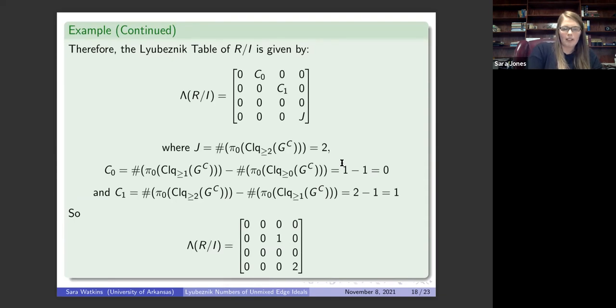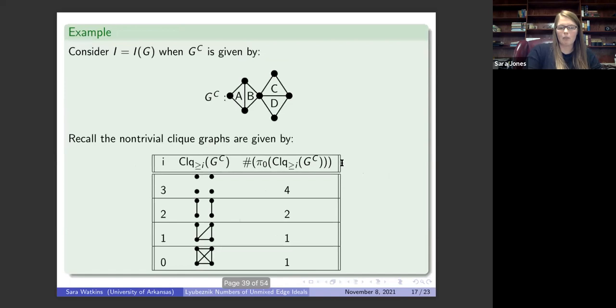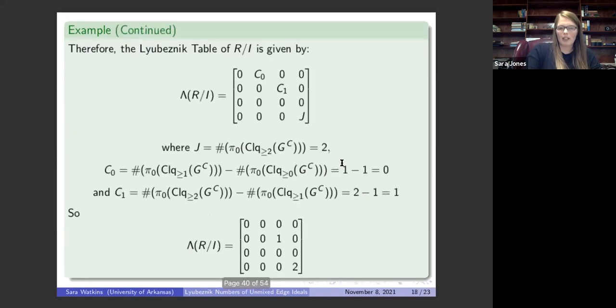And then C1 is the number of connected components in the 2 click graph minus the number of connected components in the 1 click graph. And again, as we saw in the table, those were 2 and 1 respectively, and so we get 1 as that entry. And so we see that this is going to give us our Lubeznik table, again without having to find Betti numbers, the link, linear strands, local cohomology, simply looking at the number of connected components in these click graphs.